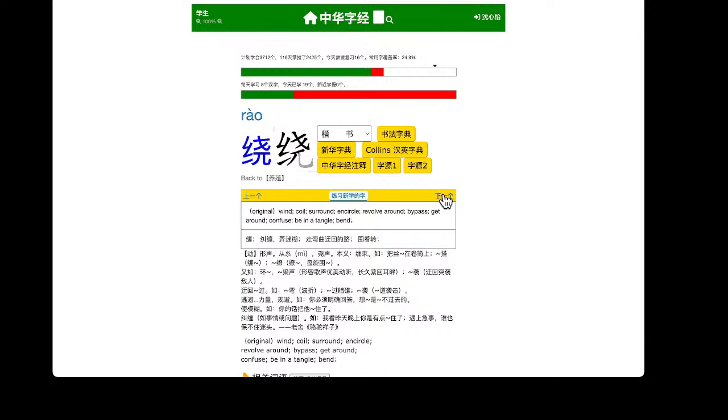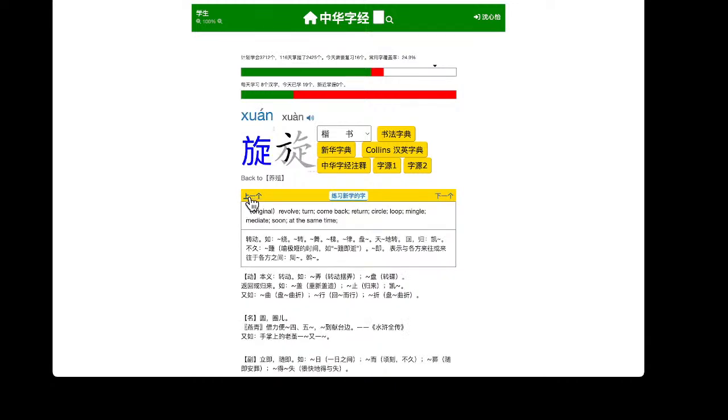Or if somebody's in a tough spot, in a bit of a pickle, in a tangle, that kind of thing, you'd say 困扰. So, these go together. 旋绕. They both have meanings of revolving and spinning and winding, coiling.